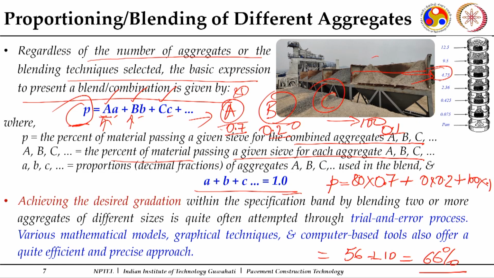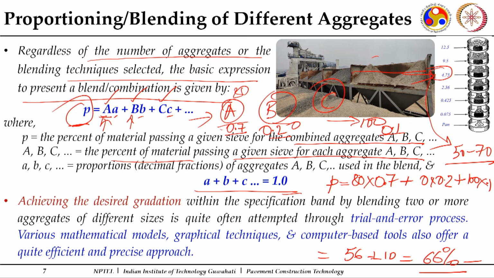So, now I have ensured this for one sieve. Now, when a material is to be used for a particular layer, as I mentioned, there are 6 gradations given for granular subbase course itself, and each gradation has a range. So, if a range is given that your material should pass through 4.75 in the range of 50 to 70, then this particular percentage passing is okay.